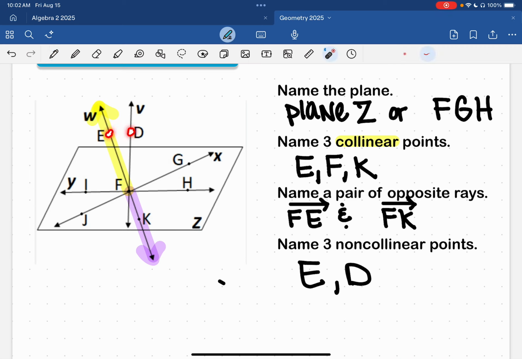And then as long as you use any other letter, G would be a good one, because they're not connected as well. It's all right to use ones that are connected like G and F. As long as you use another letter like E, you're perfectly fine. So it's okay to have two of them connected as long as the third one is not connected to the other two, you are non-collinear.